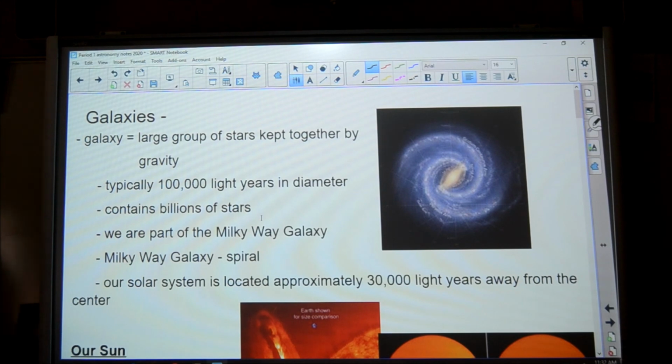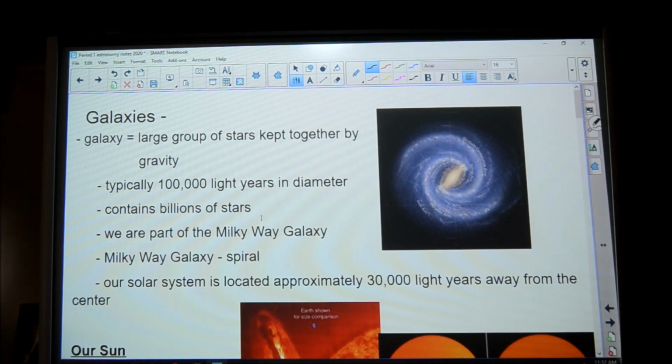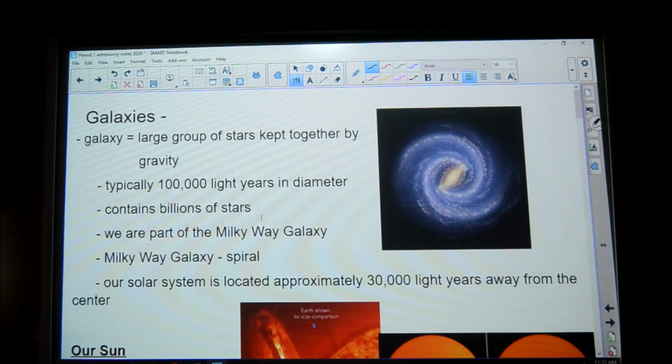All right, need to talk galaxies. We start with our planet, then larger than our planet is our solar system. Larger than our solar system is our galaxy. Our galaxy is the Milky Way galaxy, and it's a spiral shape.